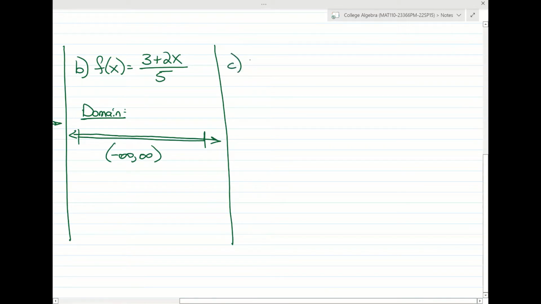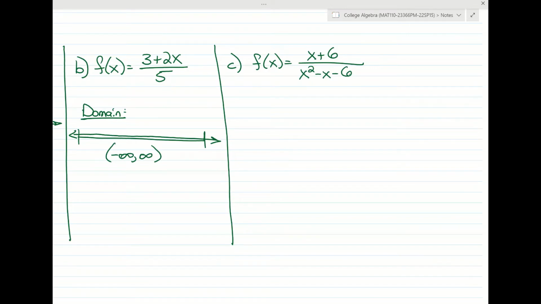Try one more. What if we had f of x is equal to x plus 6 divided by x squared minus x minus 6? We don't want the denominator to equal 0.